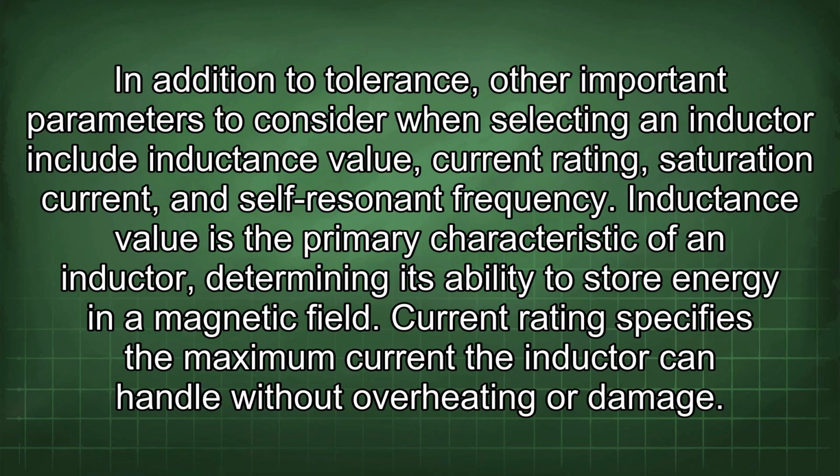In addition to tolerance, other important parameters to consider when selecting an inductor include inductance value, current rating, saturation current, and self-resonant frequency. Inductance value is the primary characteristic of an inductor, determining its ability to store energy in a magnetic field. Current rating specifies the maximum current the inductor can handle without overheating or damage.